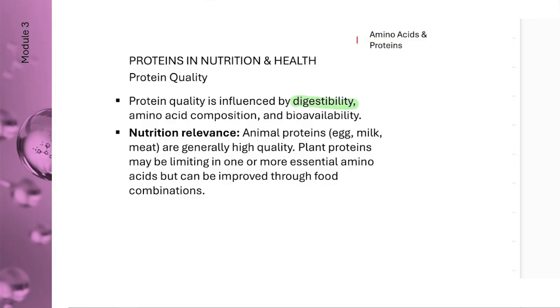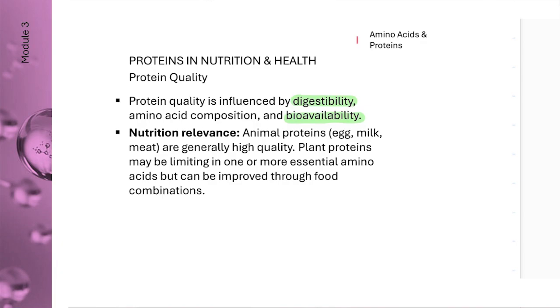For the amino acids to be available in the blood, they have to be digested and broken down into amino acids, and of course those amino acids need to be absorbed. When they are absorbed and are in the systemic blood circulation, we say they are bioavailable. So digestibility and bioavailability are very important for protein quality because of the reasons I've just explained.